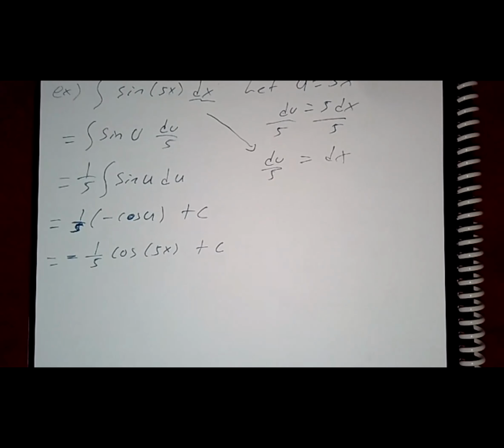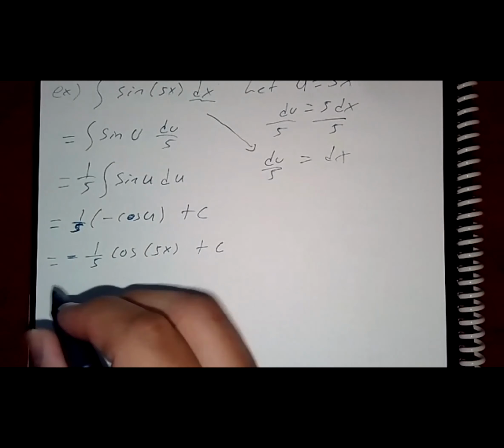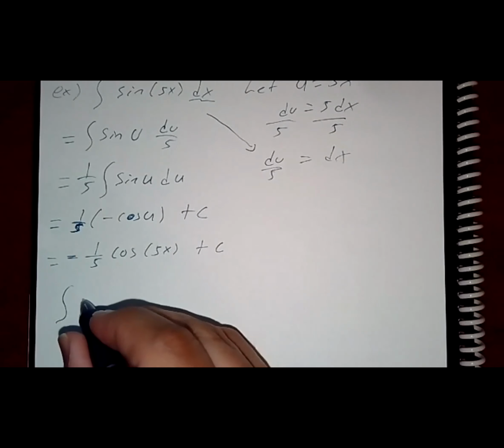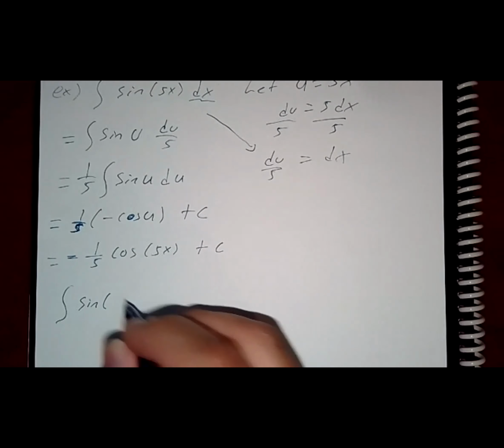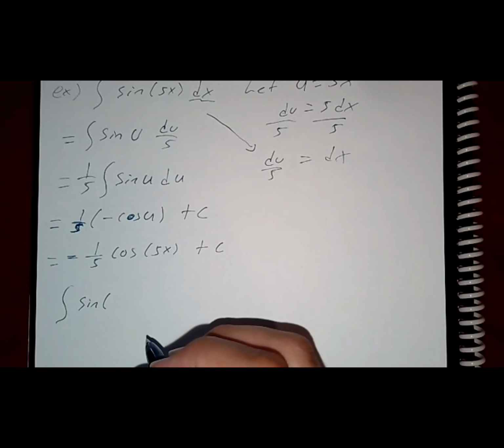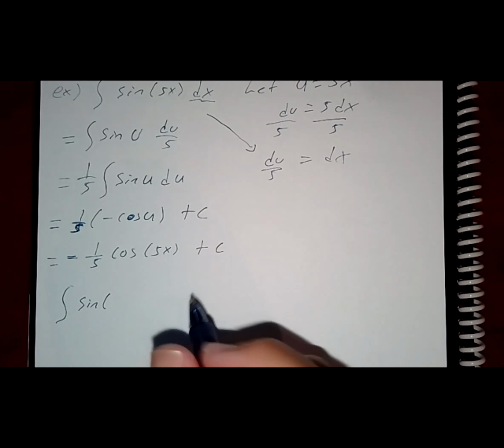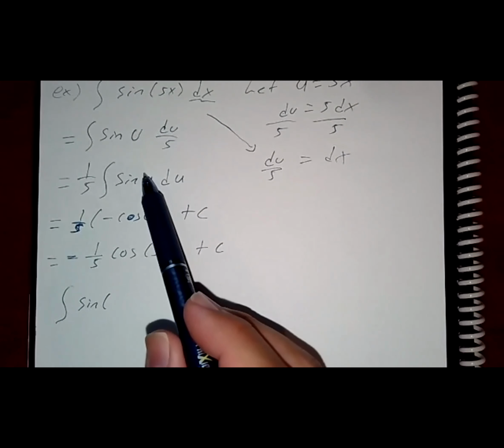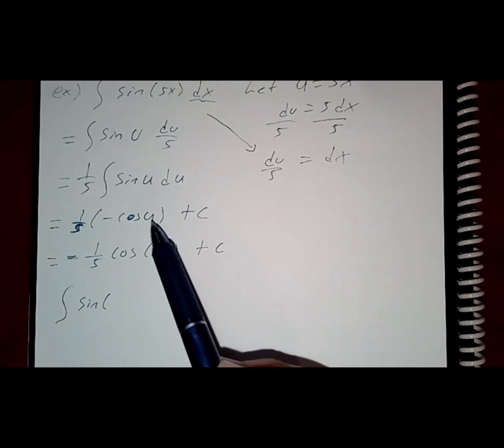Any questions on any of these steps? Quick question, that one step from sine u to cosine u, that was an antiderivative, right? Or was that a derivative? From here to here is anti. Anti, okay.